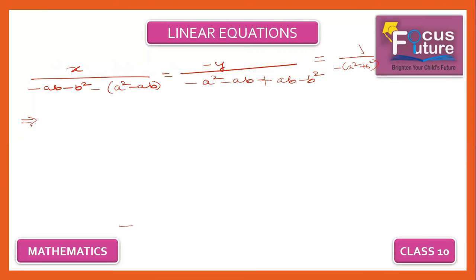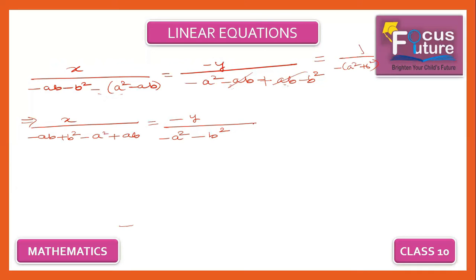So this would be x divided by, solve this, minus ab plus b square, minus a square plus ab, that is equal to minus y divided by minus a square ab, minus, here it is minus, it is plus, at one place there is minus, at one place there is plus, it will cancel. So you are left with minus ab, a square minus b square equal to 1 minus a square minus b square.